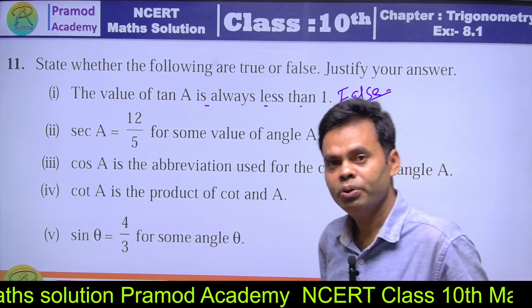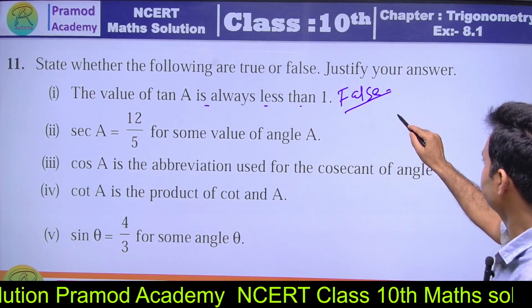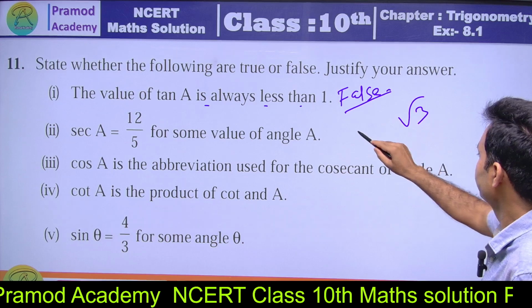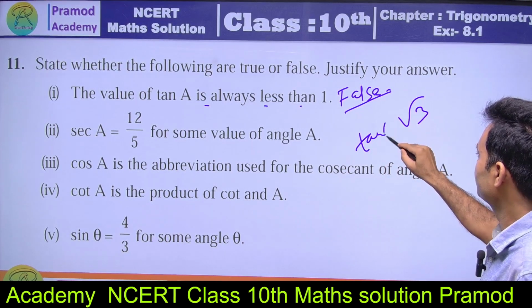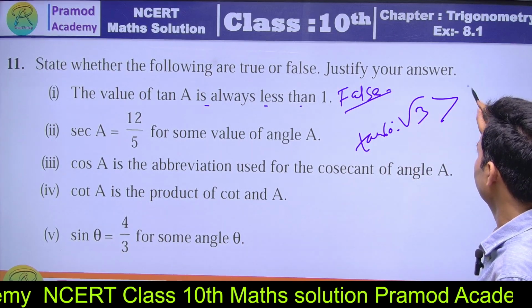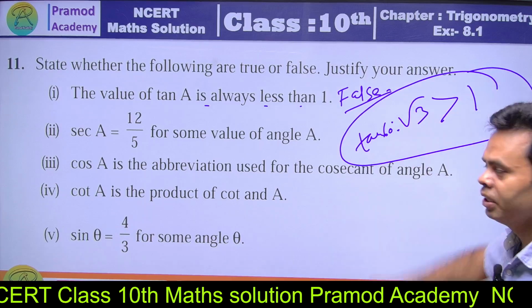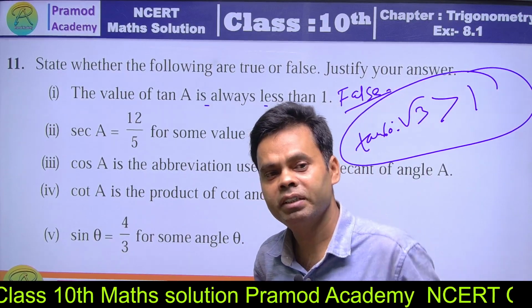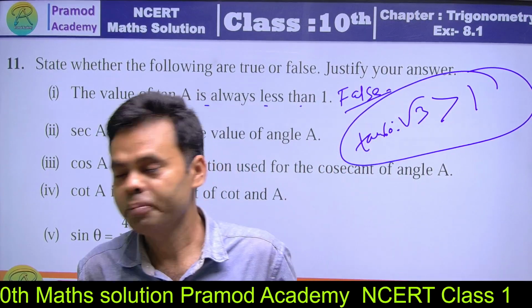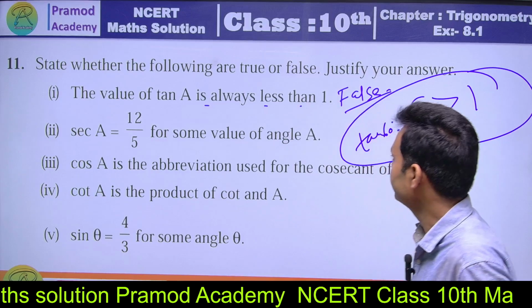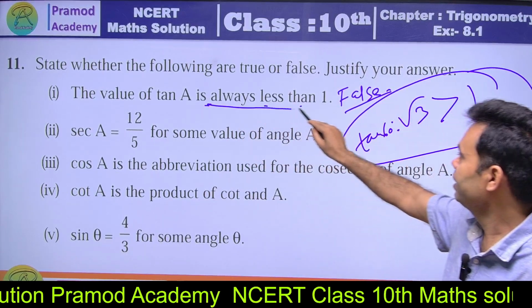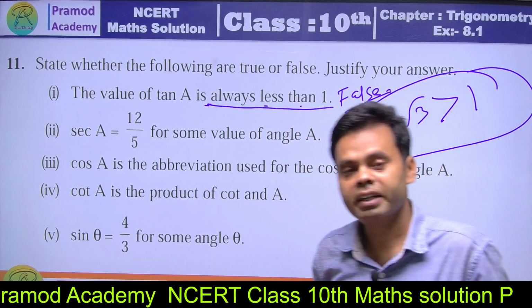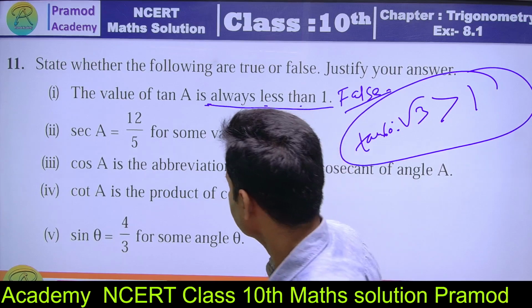Because you know tan 60 degree is equal to root 3, which is greater than 1. So it is not possible that the value of tan is always less than 1. It might be greater than 1 also.